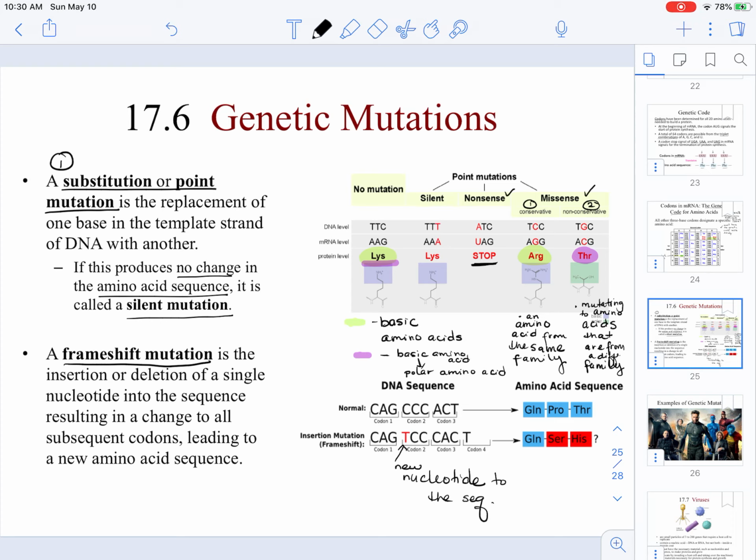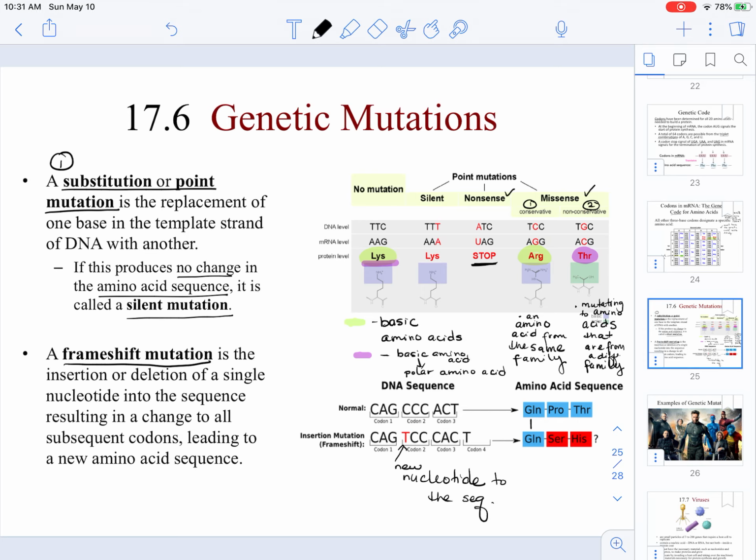And what is going to happen is that now the first codon is going to be the same. It's going to be that GLN or glutamine. But the incorporation of that T makes a brand new amino acid. So the rest of the molecule now is not going to be correct.